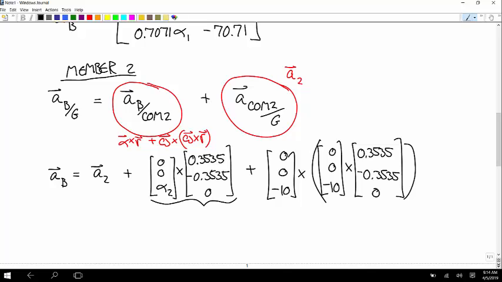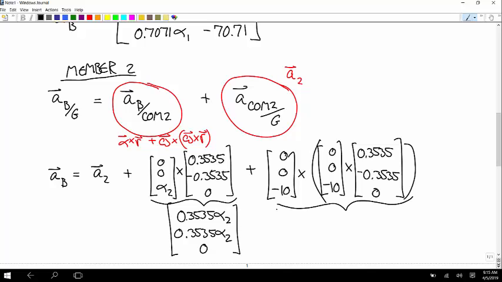This one comes out to be 0.3535 alpha 2 for X, positive 0.3535 alpha 2 for Y. And this one, once you multiply it all out, that's just numbers, and it comes out to be negative 35.35 for X, positive 35.35 for Y, 0 for Z.